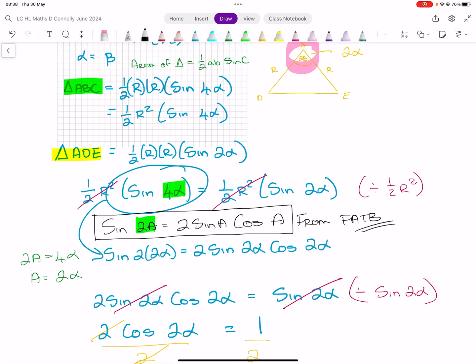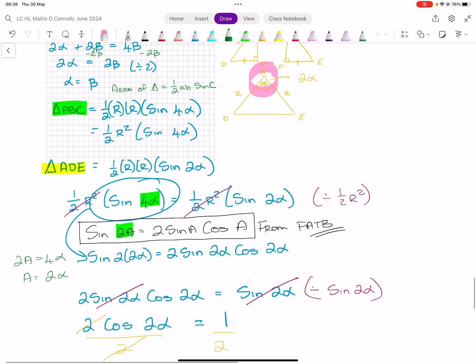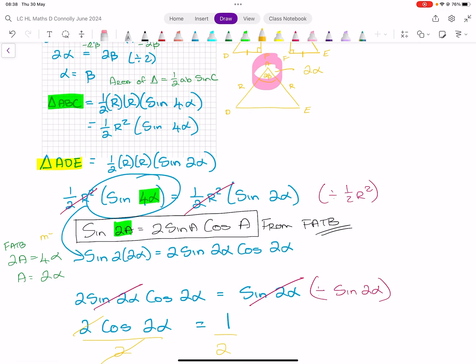So the formula is sine 2A, and you can see by the highlight that 2A in the Formula and Tables book is 4 alpha in my question. Does that make sense? Do you know what I'm trying to say? So I'm dealing with 4 alpha. The Formula and Tables book has 2A. So that means A is 2 alpha.